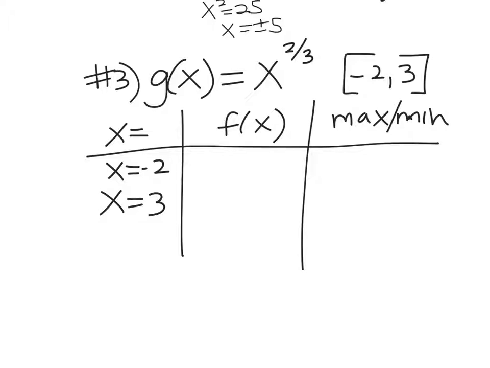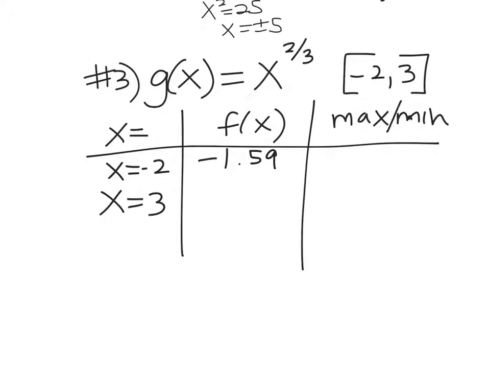So let's go ahead and evaluate what f of negative 2 is. If you have an older calculator and you're raising it to the 2/3, make sure you put parentheses. Yeah, what'd you get? Negative 1.59? And then do 3 to the 2/3. Did I do it wrong? Oh, I did it wrong.